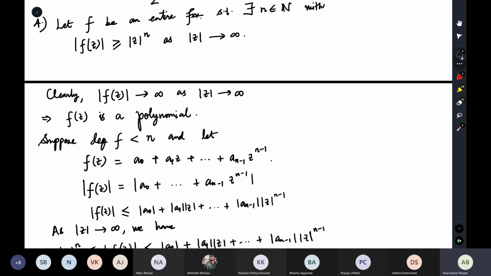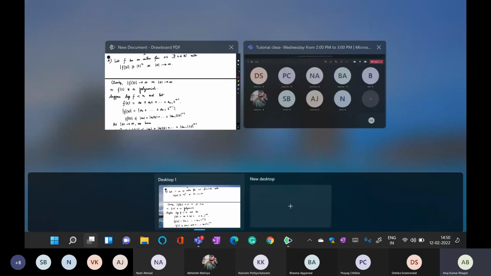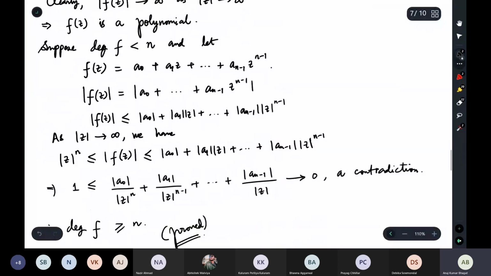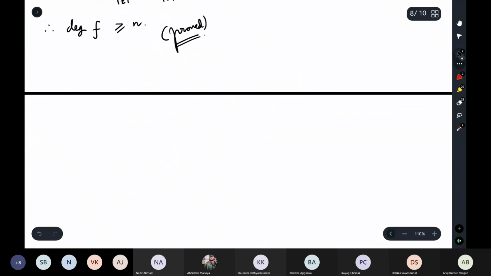Okay, so then I'll assume that you have not tried this question. Okay, next, number 5. The solution was given in the book by Joseph, but I did not understand the solution, so I am trying in a different manner. If you have understood the solution, then it's fine, but I was not able to understand the solution, so I'm trying in a different manner.